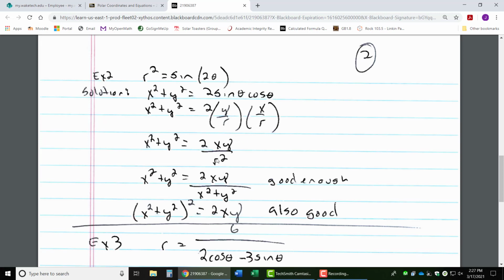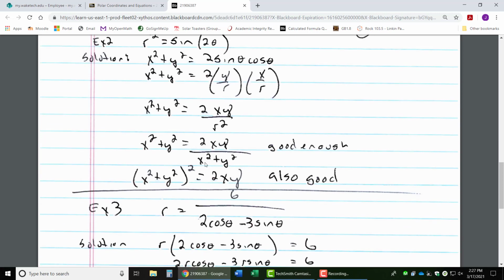The 2 r's in the denominator multiply to be r squared. And then I can replace that with the x squared plus y squared. And that is where you can stop as far as I'm concerned. You might go the next step by multiplying the left side by the denominator, and you get that, quantity squared. But this is definitely one you don't want to go x equals or y equals.